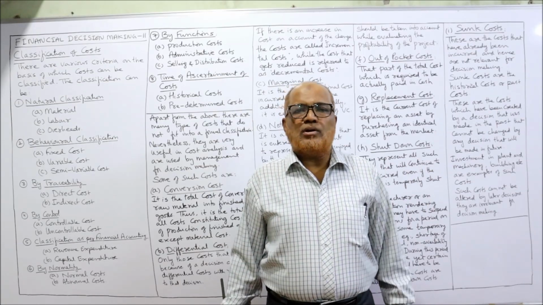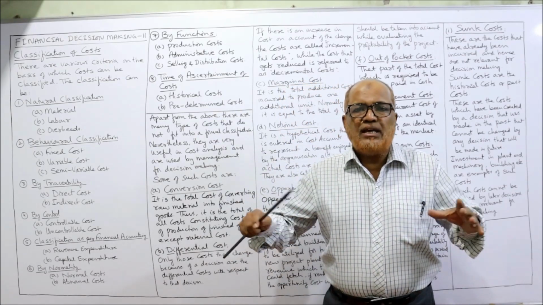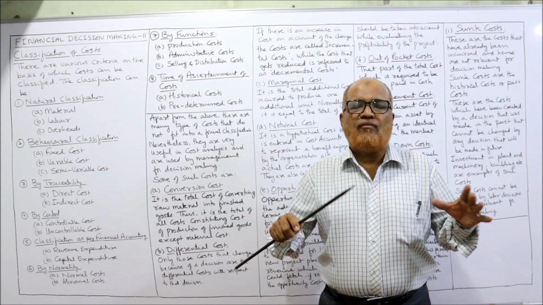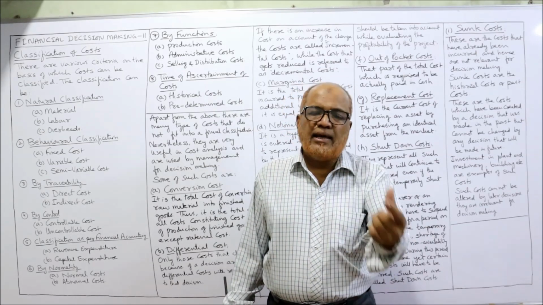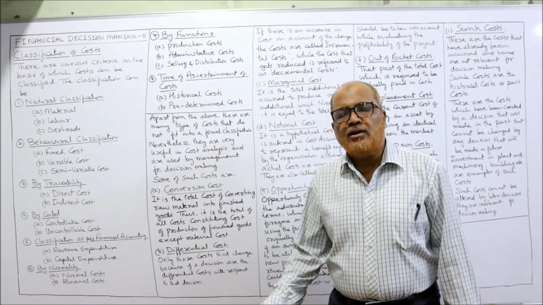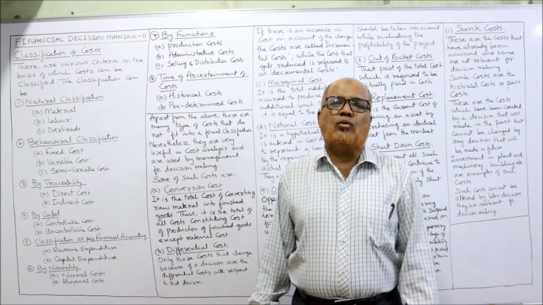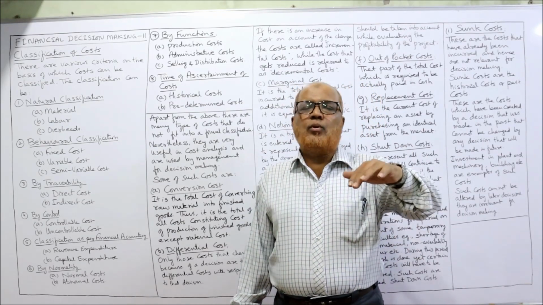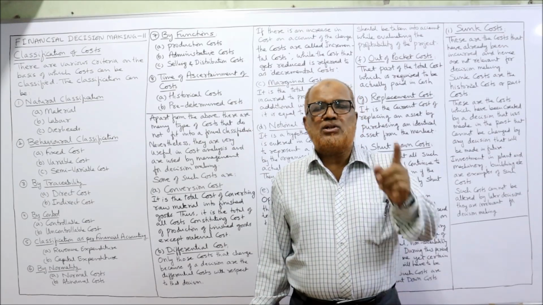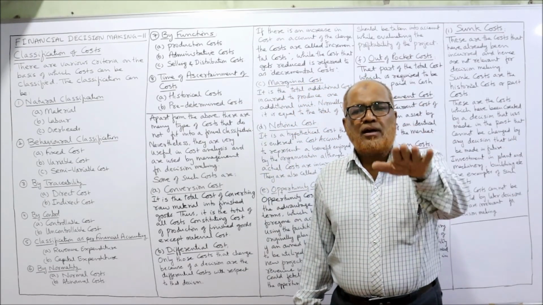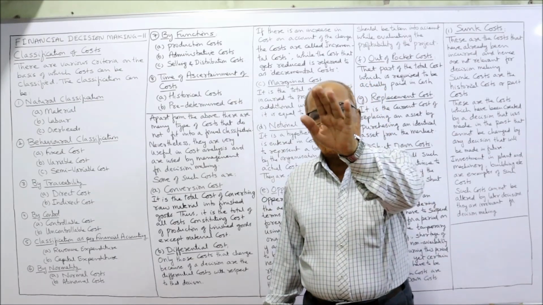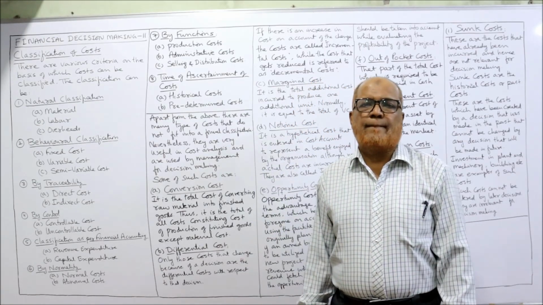Second comes variable cost. The cost which varies according to the level of output, or the cost which changes proportionally according to the output. Example, if the output increases by 10%, variable cost will also increase by 10%. If the output decreases by 5%, variable cost will also decrease by 5%.